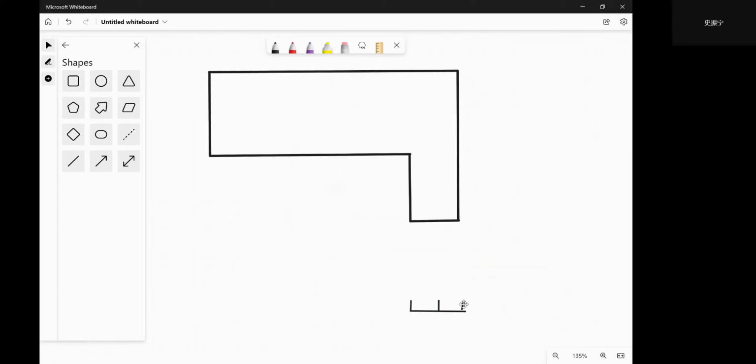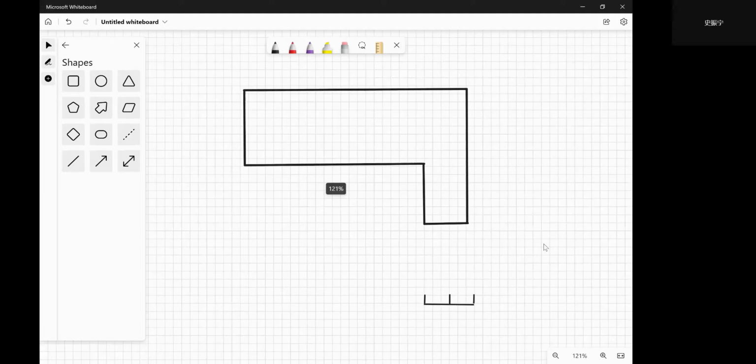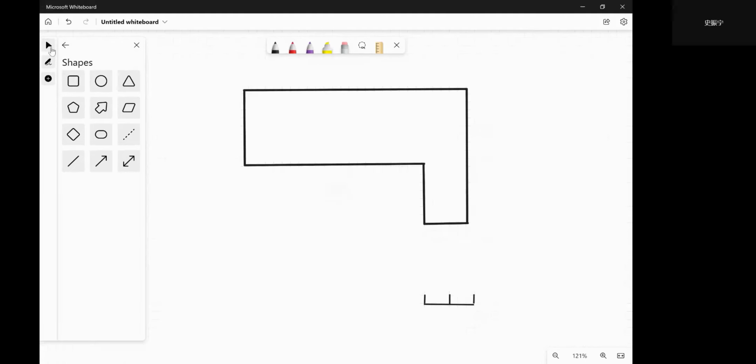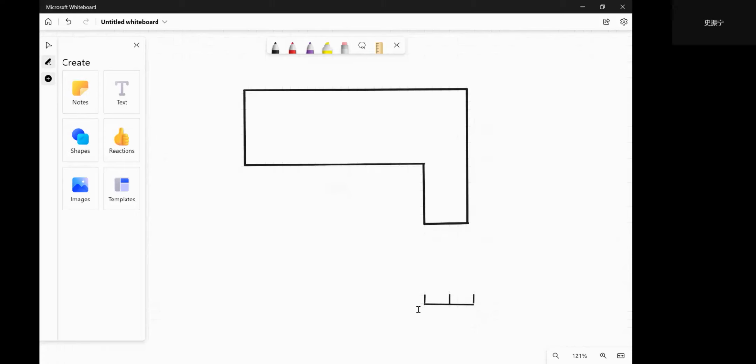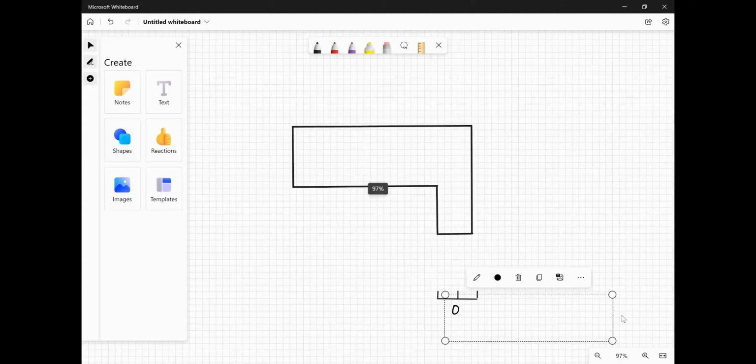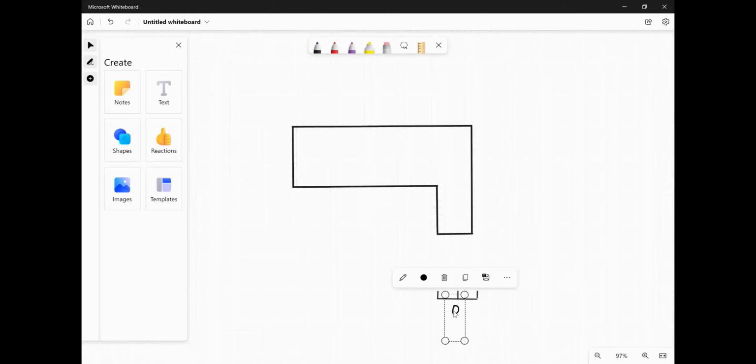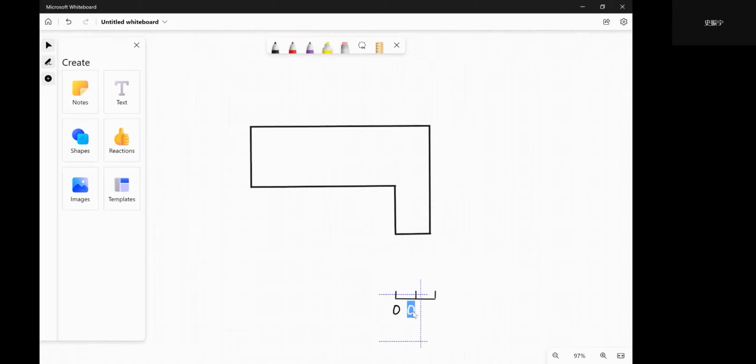The scale ruler is very important for you. You have to use the scale ruler to measure the horizontal distance. So this is 0, this one is 1, and this one is 2.